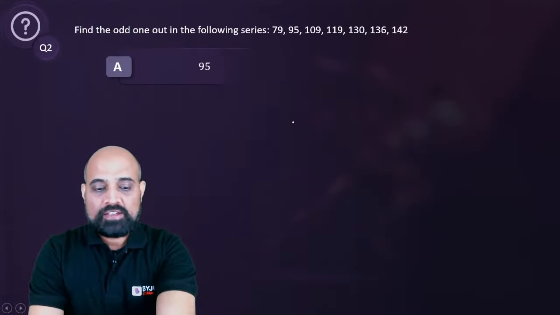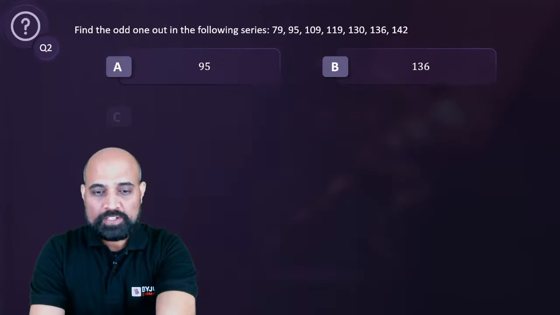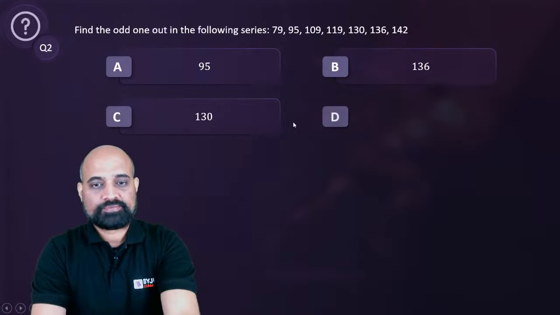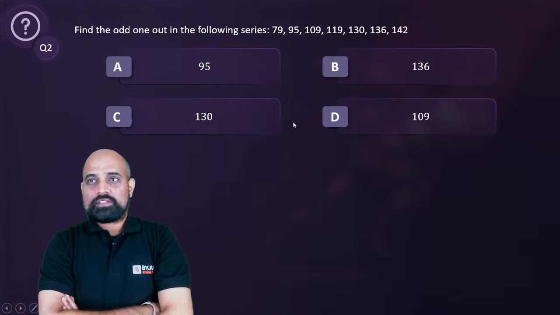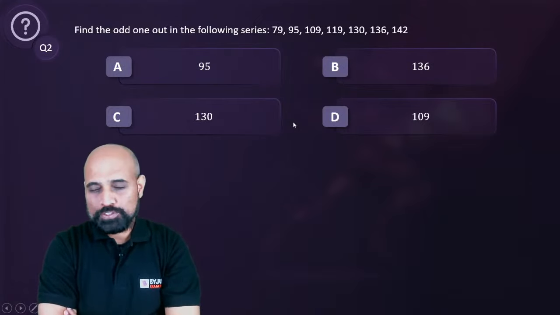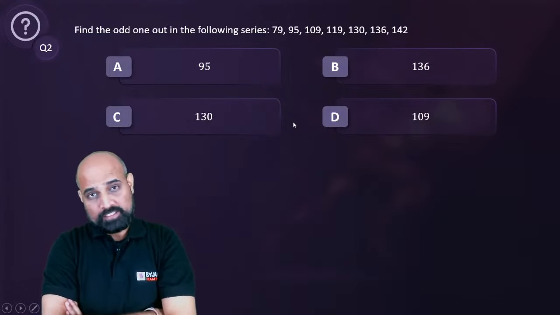Okay. Find out the odd one in the following series. Which number do you think is a different one than the rest? For that, of course, we will have to first figure out what is the pattern in the series.